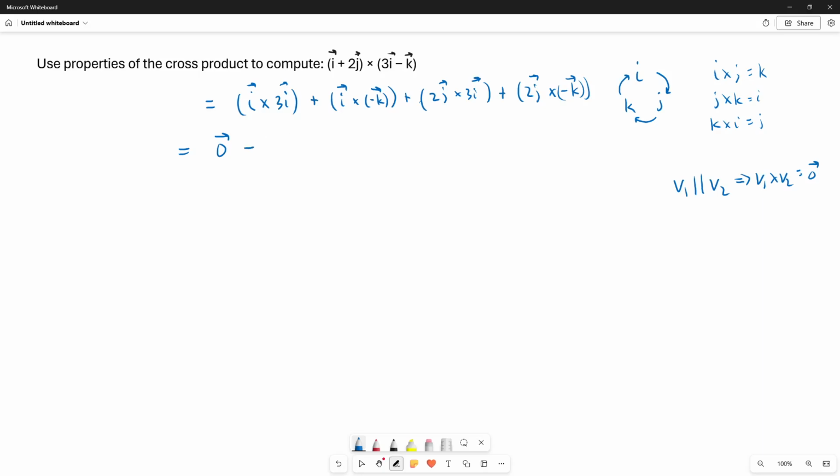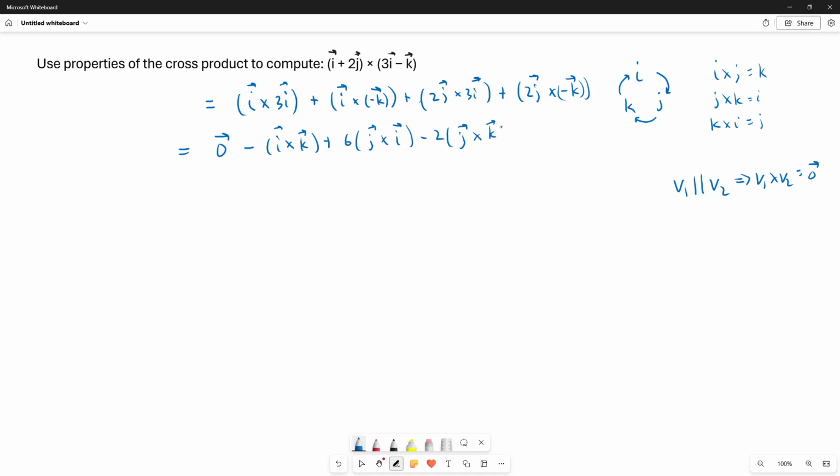So we're going to have minus i cross k, factoring out that minus in front of the k, and then plus 6 times j cross i, and then minus 2 times j cross k.